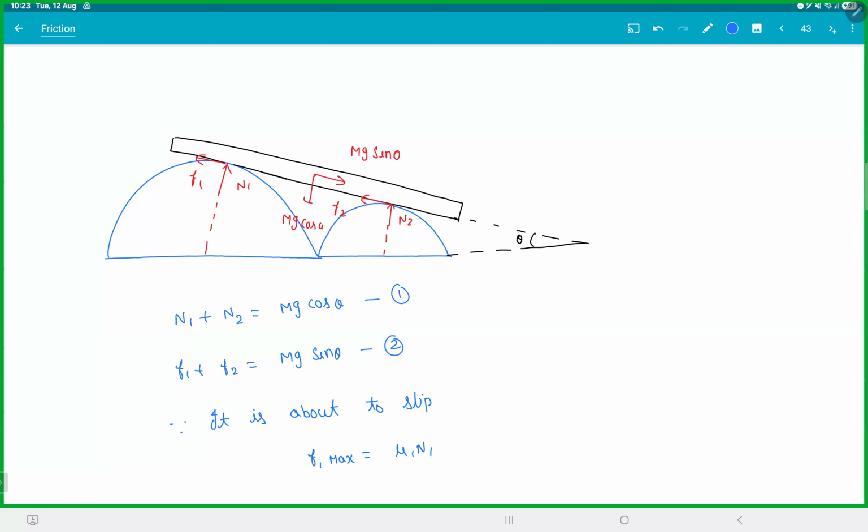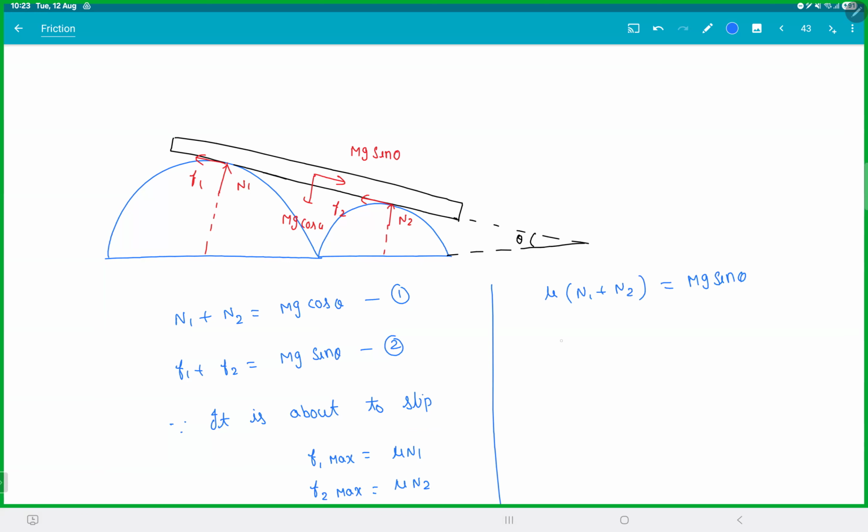If the statement is it is not slipping, then you can't solve the problem because the values can be anything. F1 max and F2 max will be mu N1 and mu N2. So this will be mu times N1 plus N2 is mg sine theta.